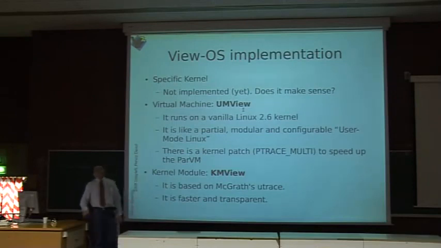KMview, on the opposite, needs utrace. Utrace is a support for virtualization made by Roland McGrath from Red Hat. It is faster than UMView, and it's more transparent. Transparent because UMView is based on ptrace, and ptrace has some limitations.